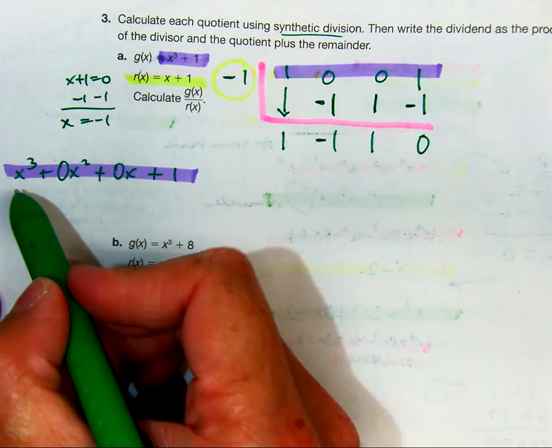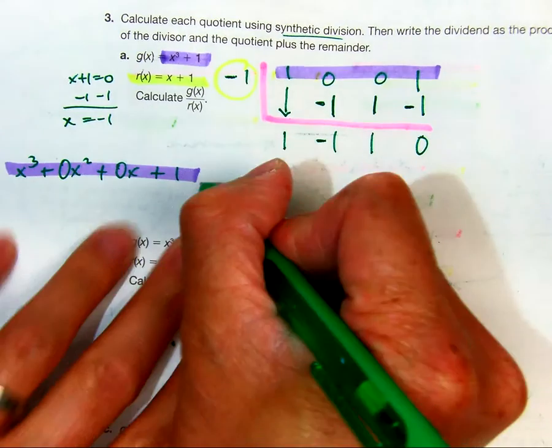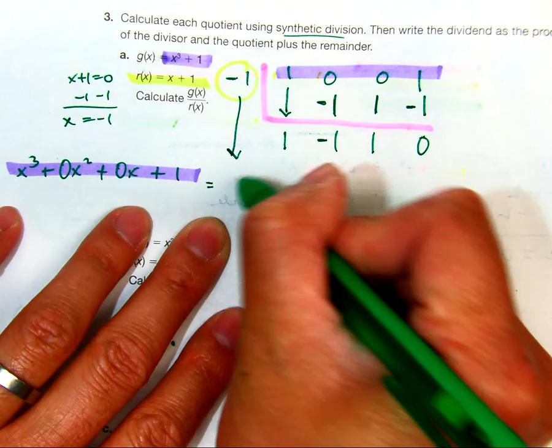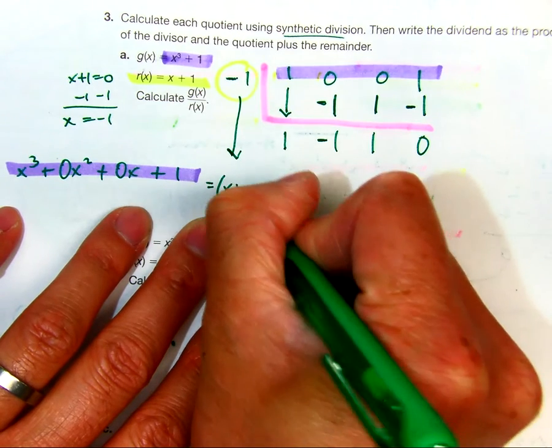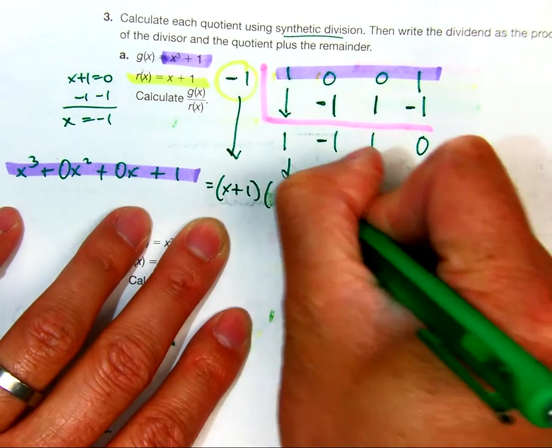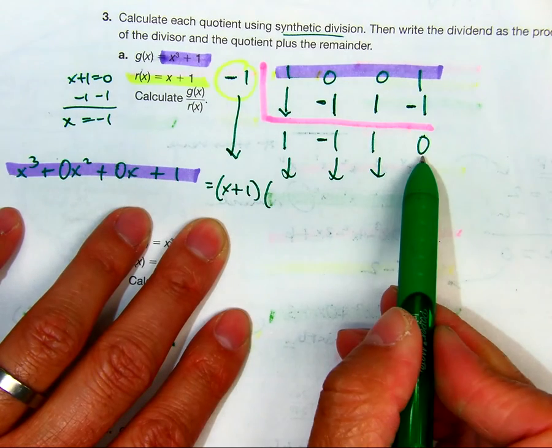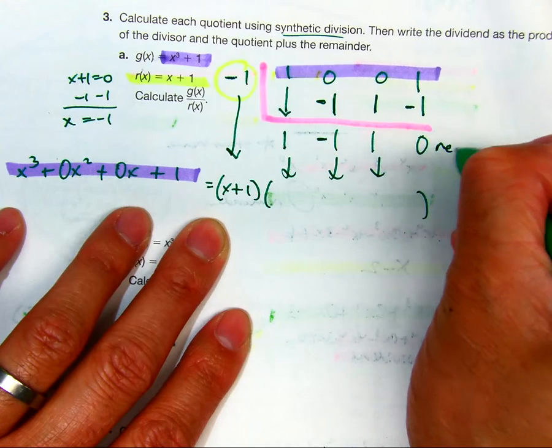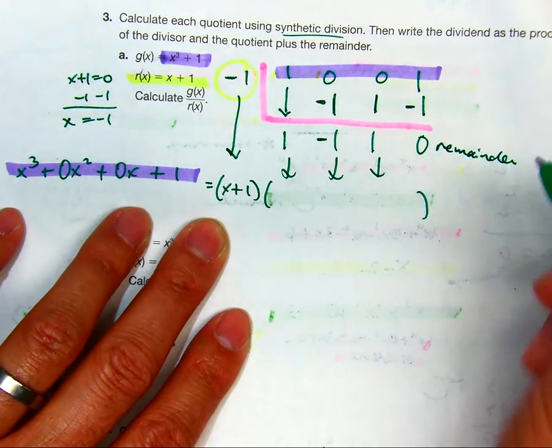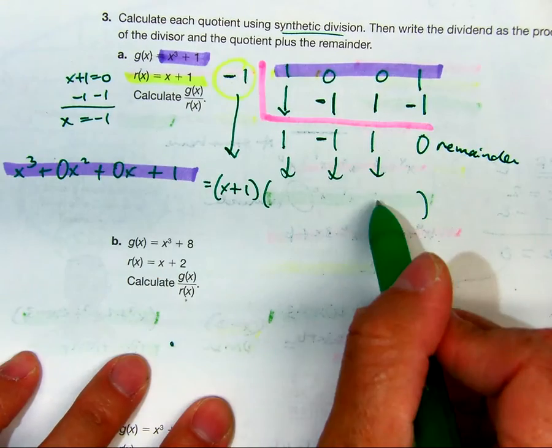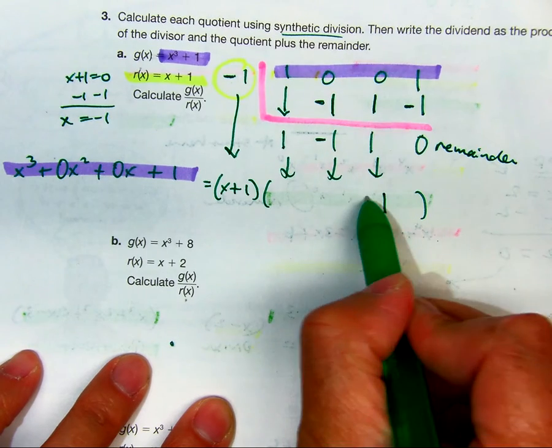So how do I get g of x here? If I multiply x plus 1, there's my remainder. This one represents my constant. It's positive.